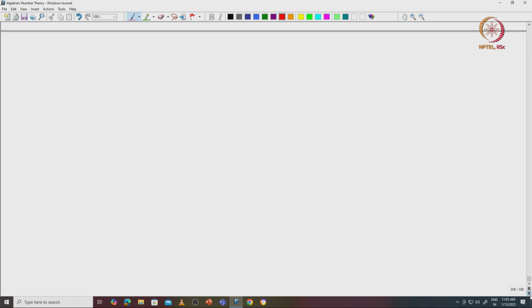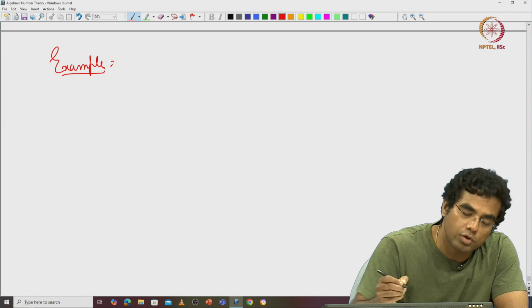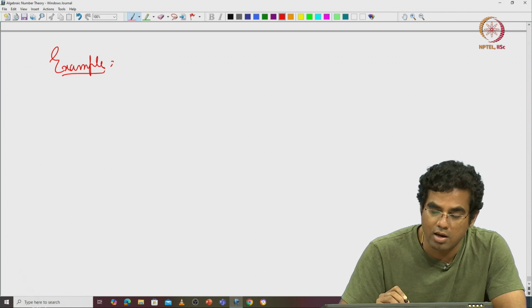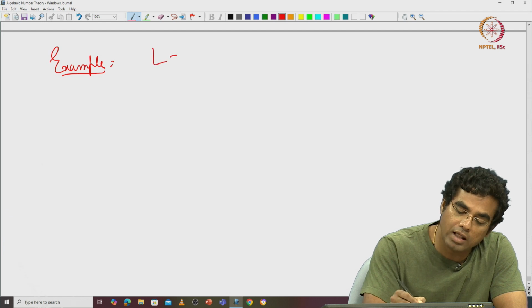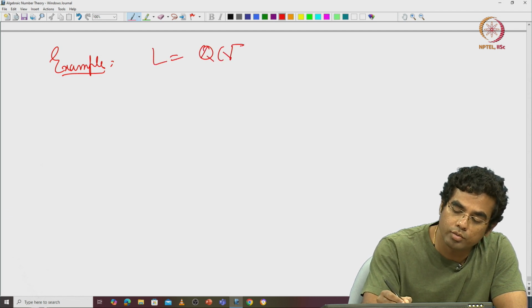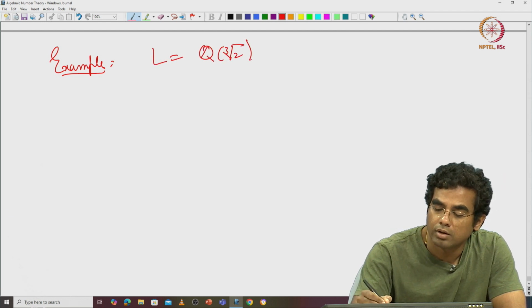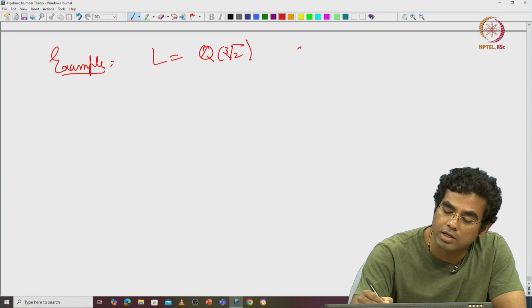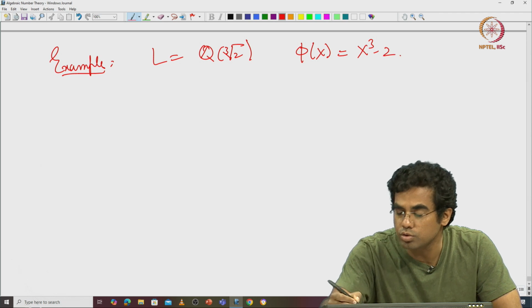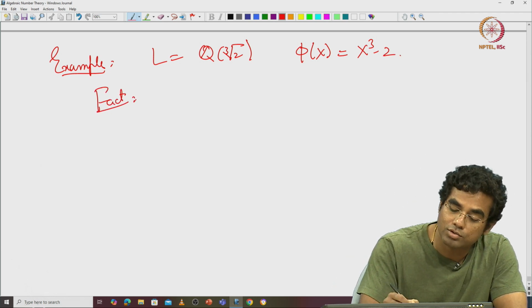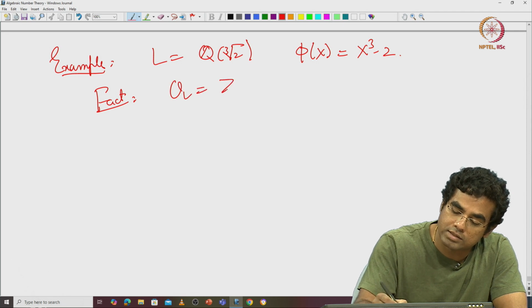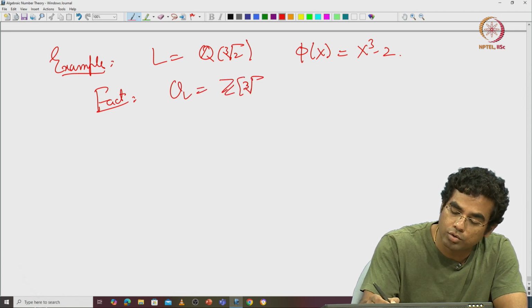So, let me do one more example of a cubic field, but I'll state some fact. So, L is Q(cube root of 2). The minimal polynomial of this is x cubed minus 2, and here is a fact which I am pretty sure is true: O_L is Z[cube root of 2].